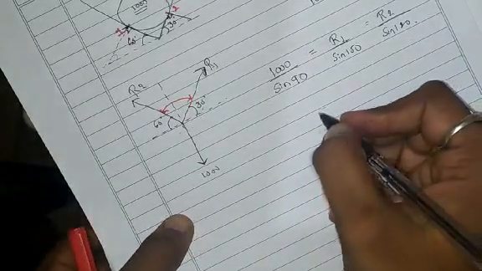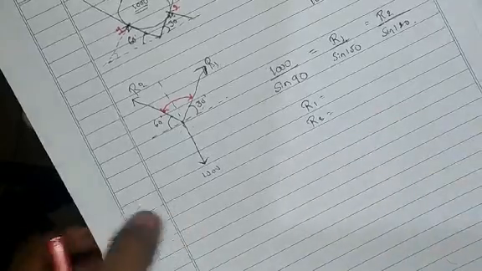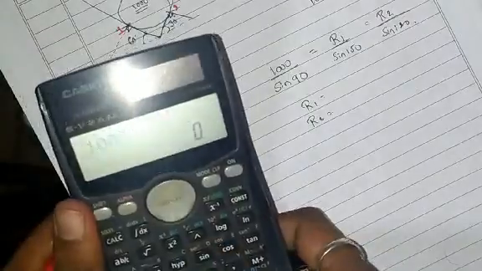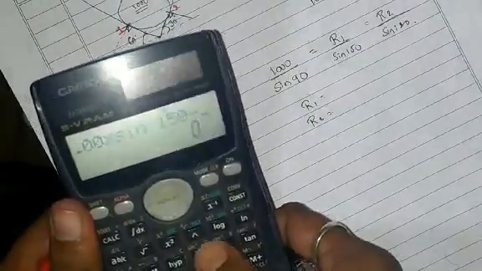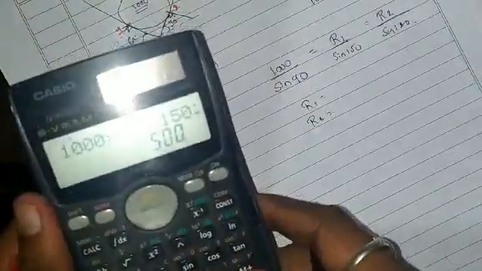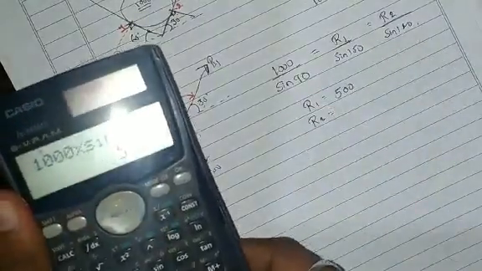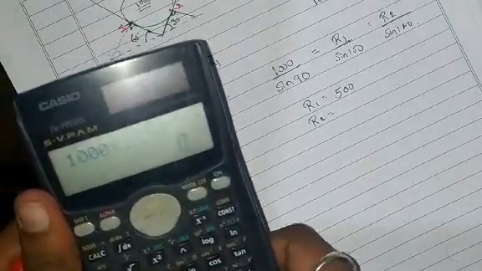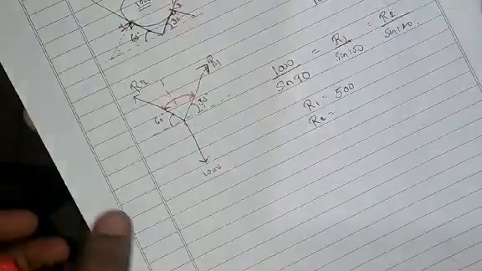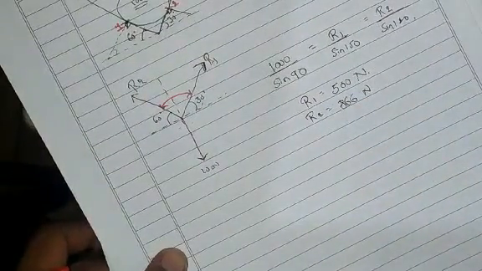If you solve this, R1 is equal to 1000 into sin 150 divided by sin 90, that is 500. R1 is equal to 500, and R2 is equal to 1000 into sin 120 by sin 90, 866 newtons.